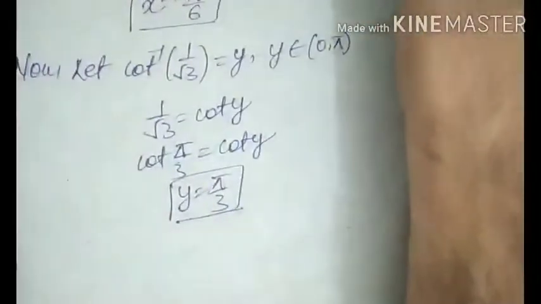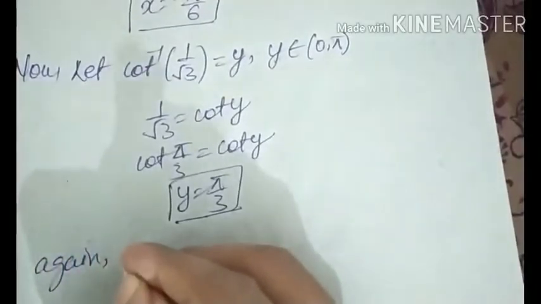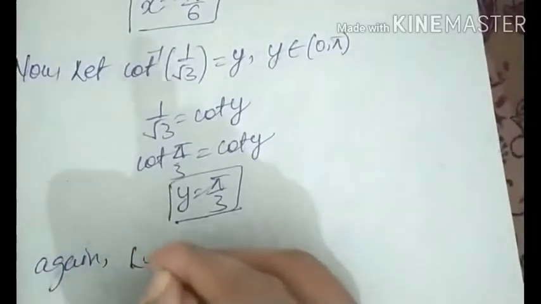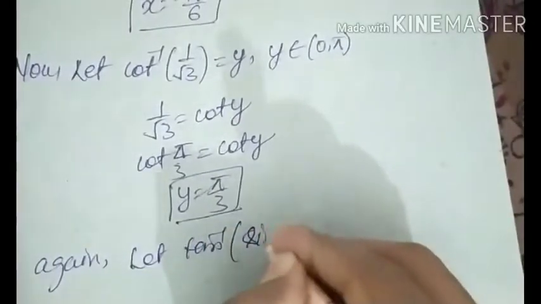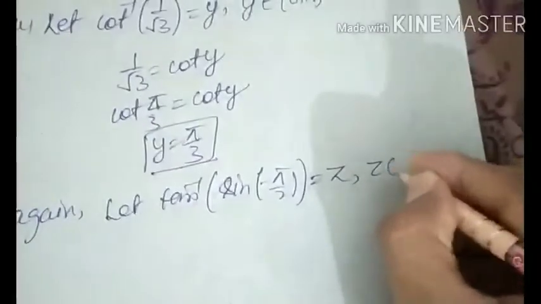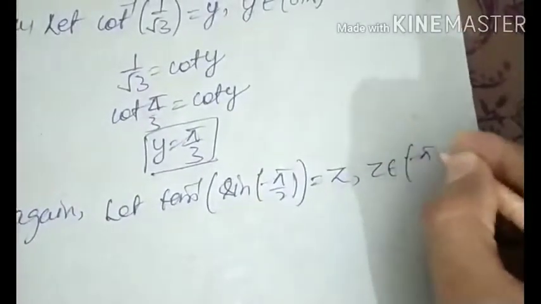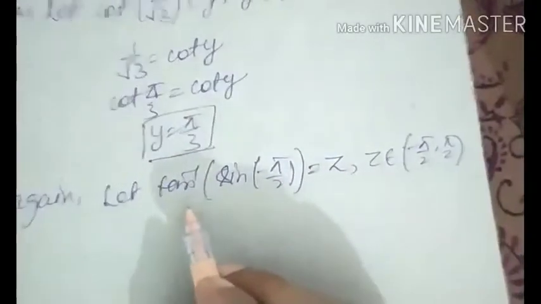And the last one is again, let tan inverse sine of minus pi by 2 is equal to z, where z is in between minus pi by 2 to pi by 2. First of all we have to solve it.